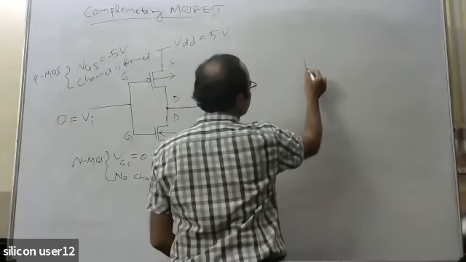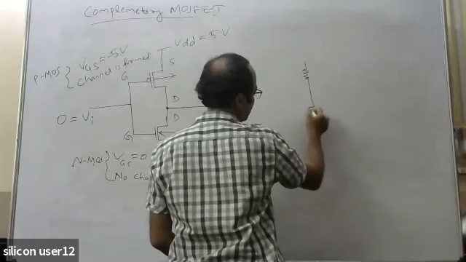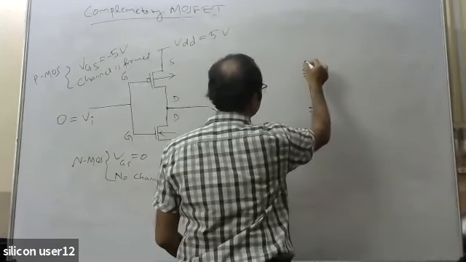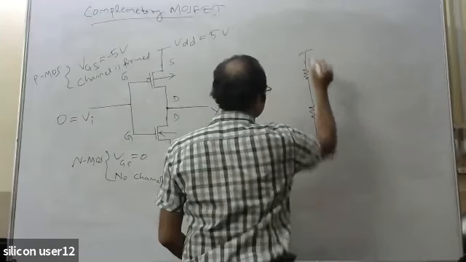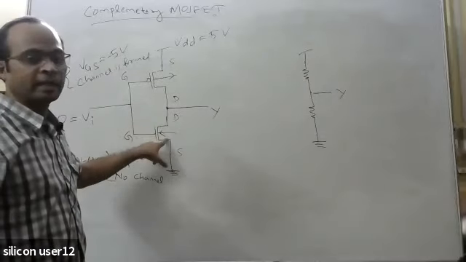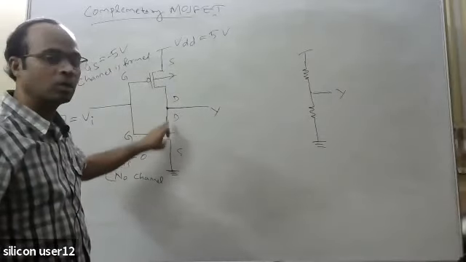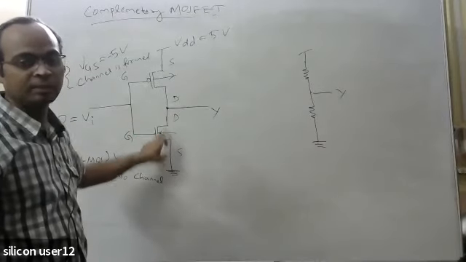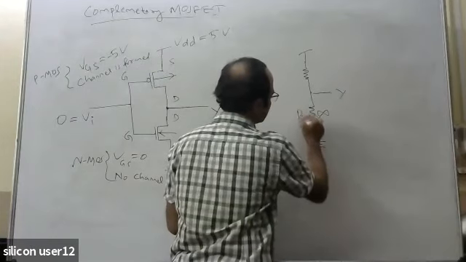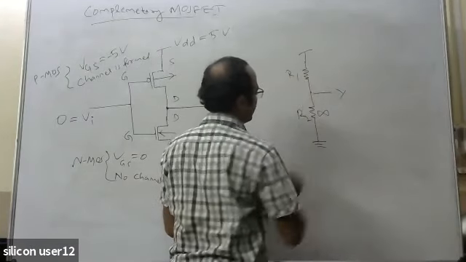Think of it like this, let us say this is ground. If the channel is not created, that means there is no path between drain and source, or the resistance between them is infinite. Let us say this is R2 and this is R1.